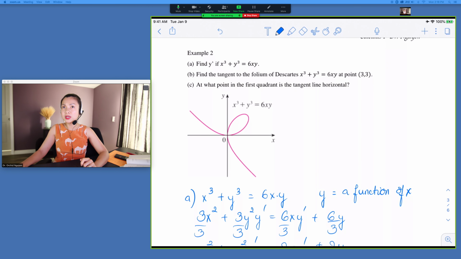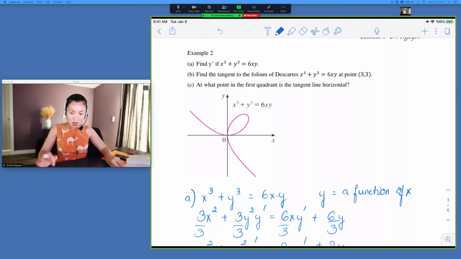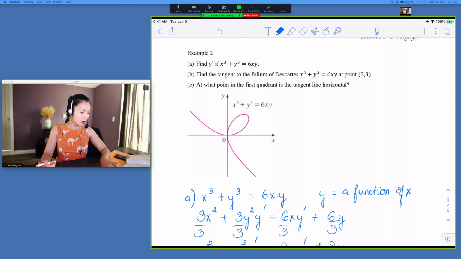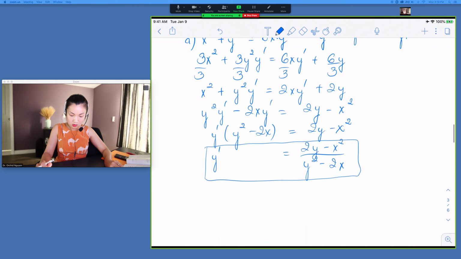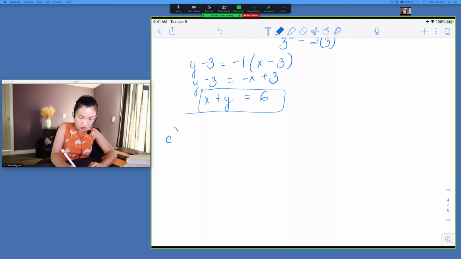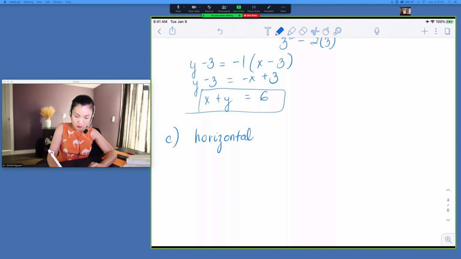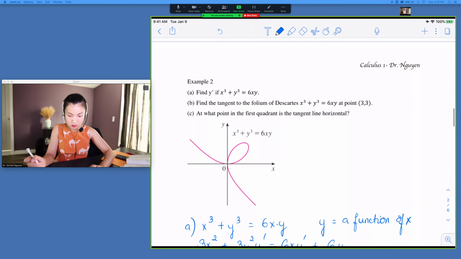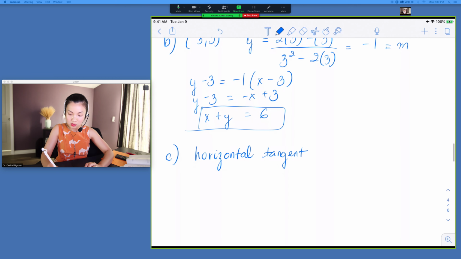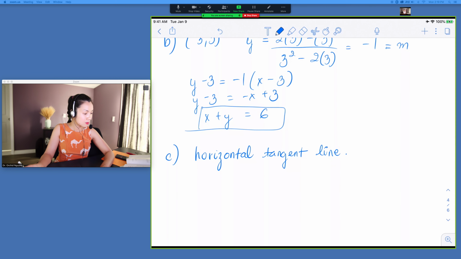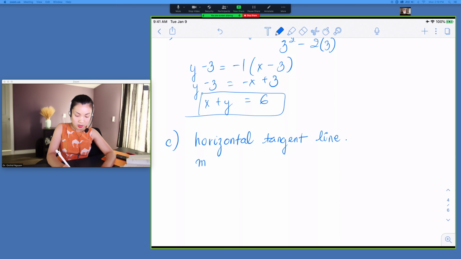So what do I mean by that? The tangent line horizontal, meaning we have the slope equal to 0. Horizontal tangent line. Okay, that means the slope equals 0.